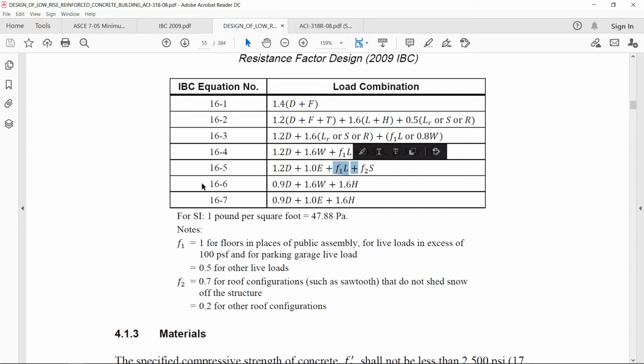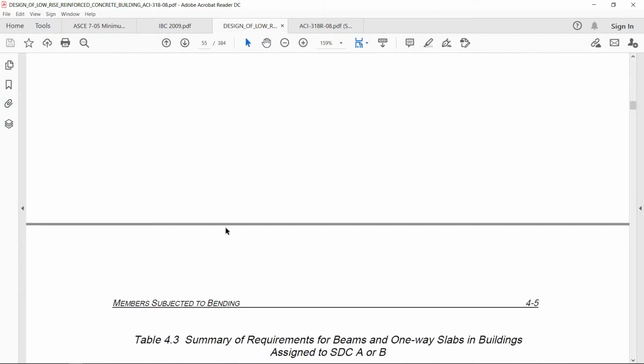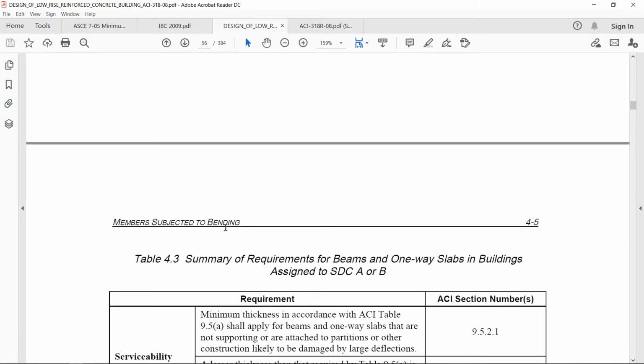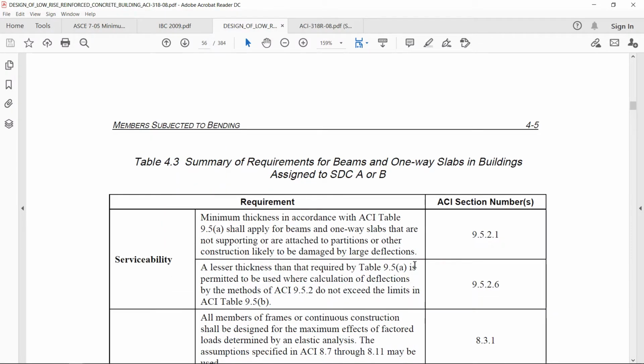Now, in case of designing the beams, what are the requirements? Here is a detailed list. This is the summary of the requirements for beams and one-way slabs in buildings assigned to SDC A or B.